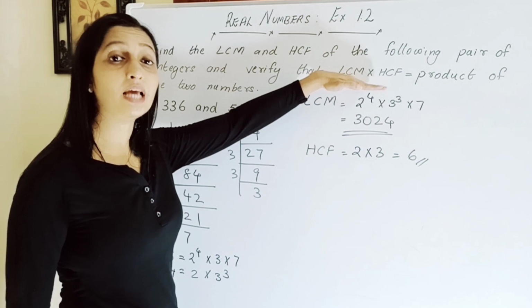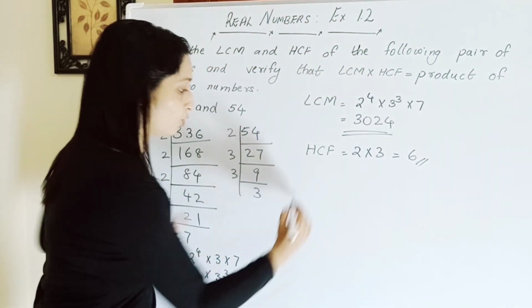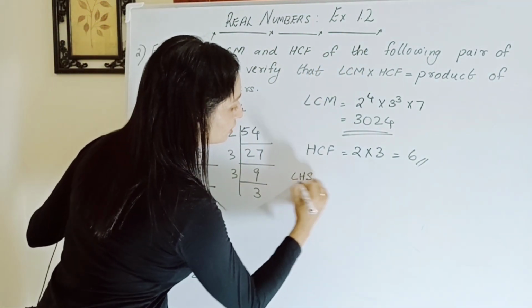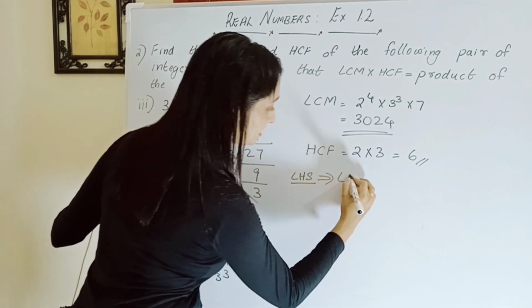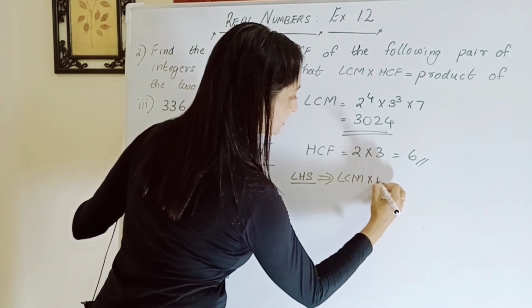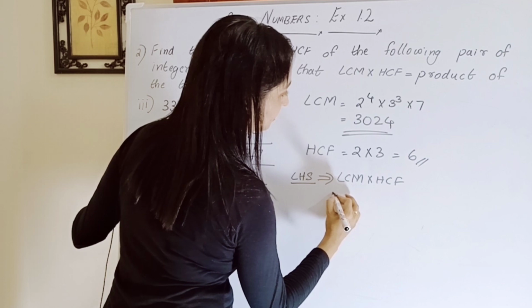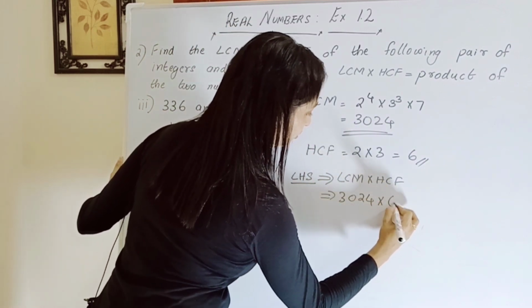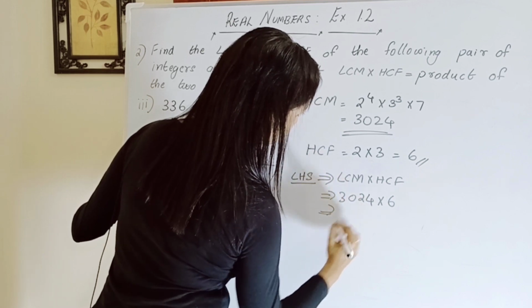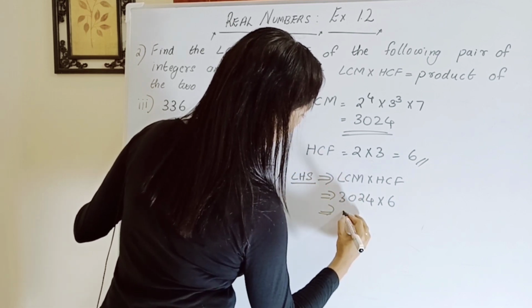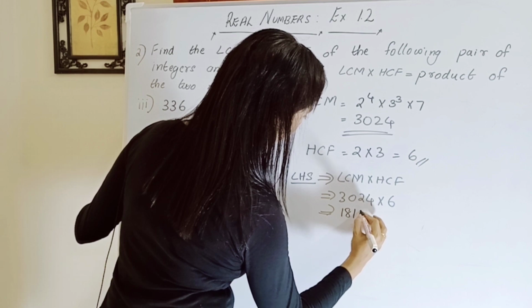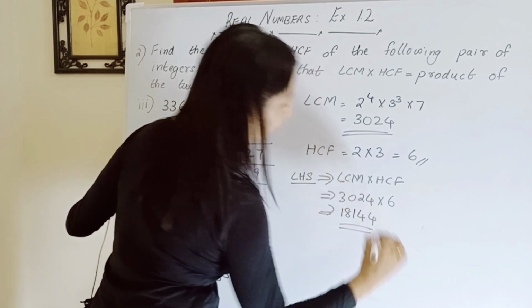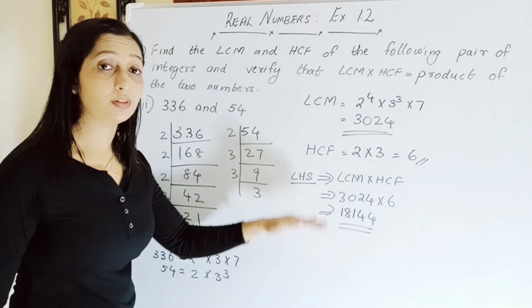Now let us find out the LHS and the RHS. So what is our LHS? LHS is LCM into HCF, which is 3024 into 6, and you get the answer as 18144. Now let us find out the RHS.